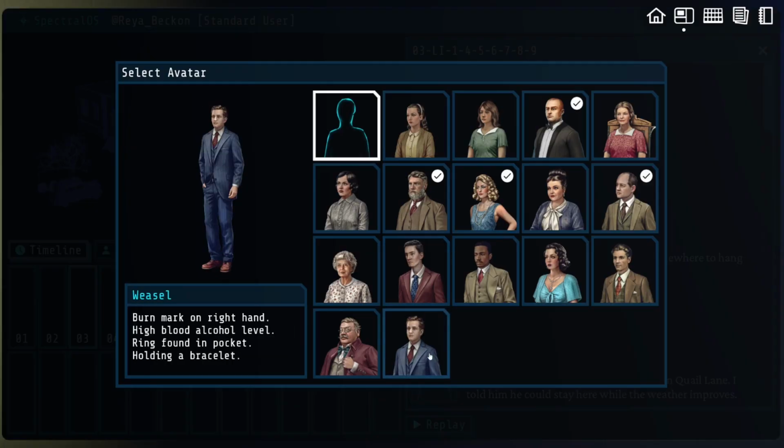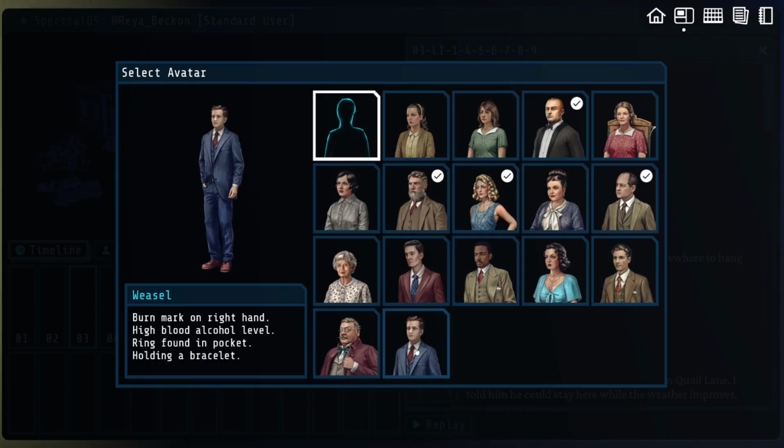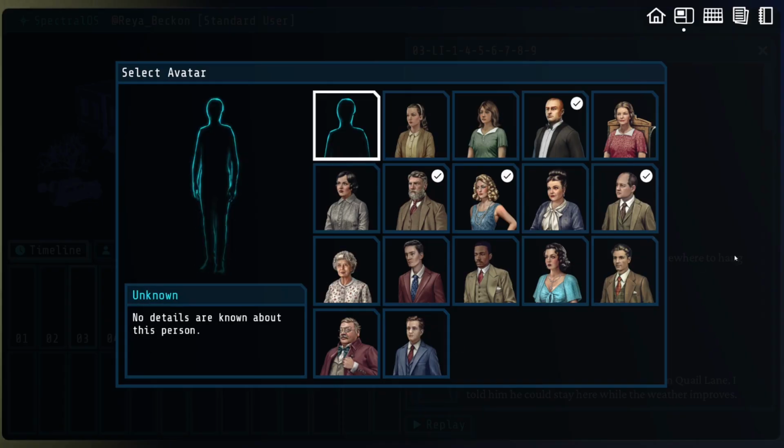I am thinking, because they are young, and he has a high blood alcohol level as well. So I think he's Eddie. Ring found in pocket, that would be him. So he didn't lose his engagement ring. He just thinks he lost it. But I don't know why he's holding a bracelet. So I think he is Eddie, but we don't know yet.